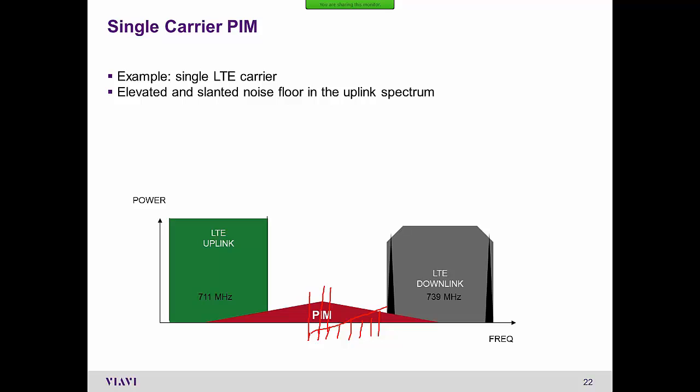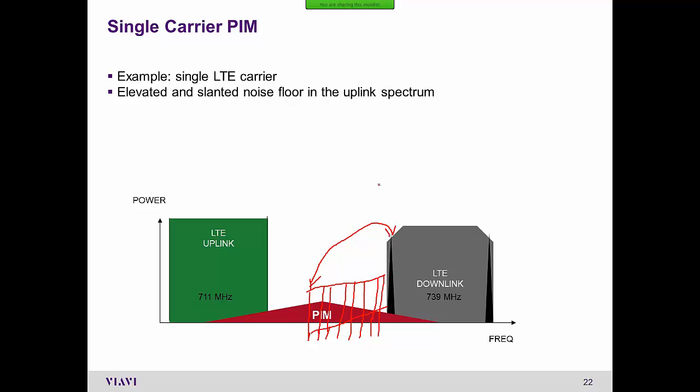But if PIM is really bad and these artifacts grow to much higher levels, all of a sudden you have mixing of what's called the third order intermods, which will remix. So this one here can mix with this one.